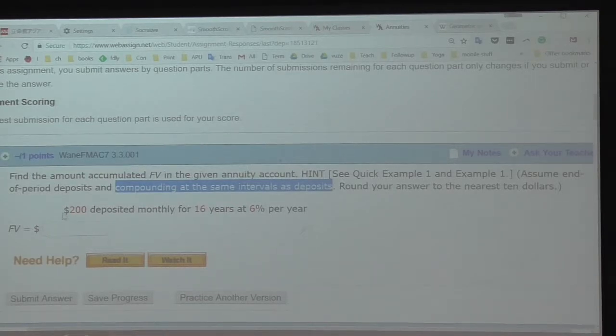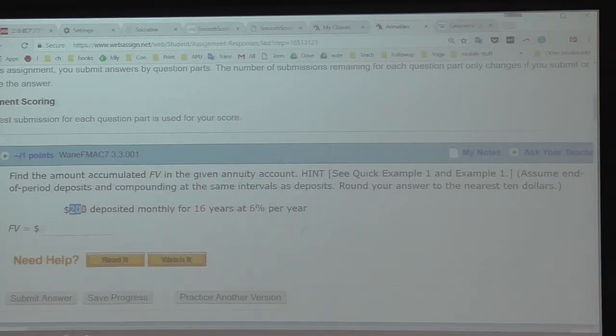Okay, so how much are we depositing each month? $200 for 16 years, and we're getting 6% per year, which is super high, right? Okay, so what's the minimum that this could be worth? We're going to do this 12 times a year, right?